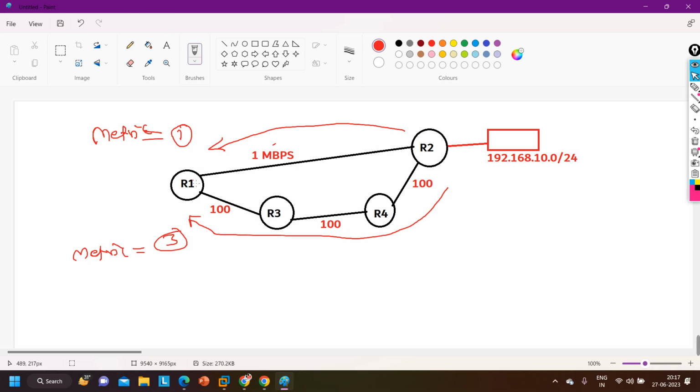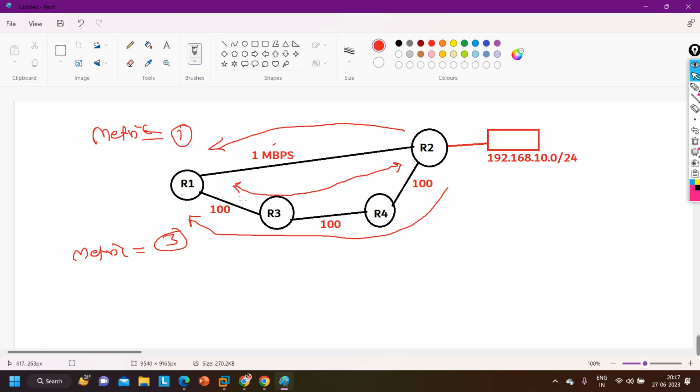So this is the problem of distance vector routing protocol. That's why we are not using it nowadays. Very few organizations are using it in a small network, because we don't need good hardware to run distance vector routing protocol. That's why it is still used. So see, according to us, this path is best, right?